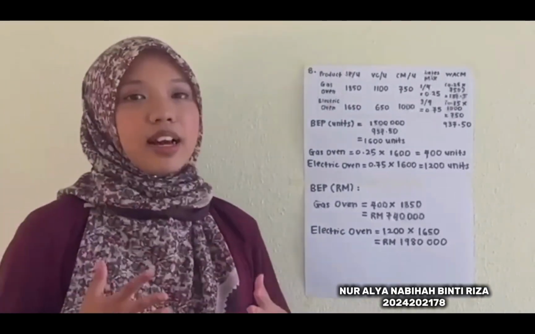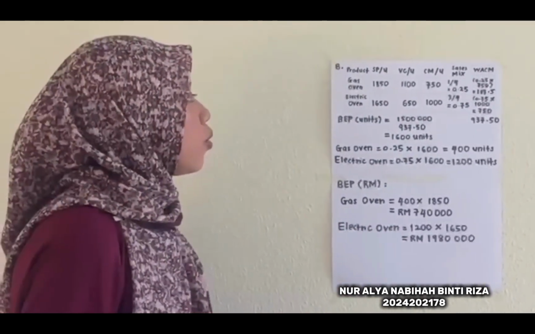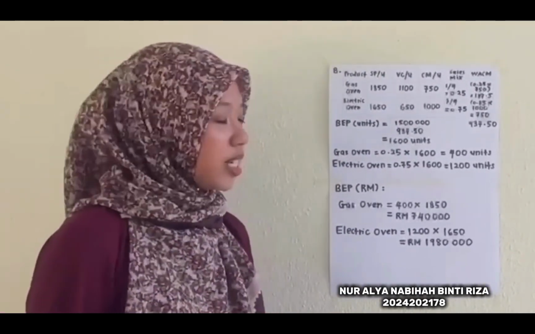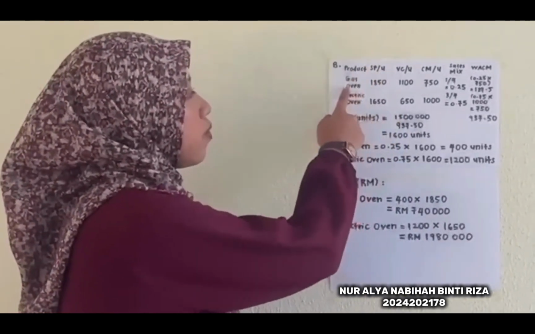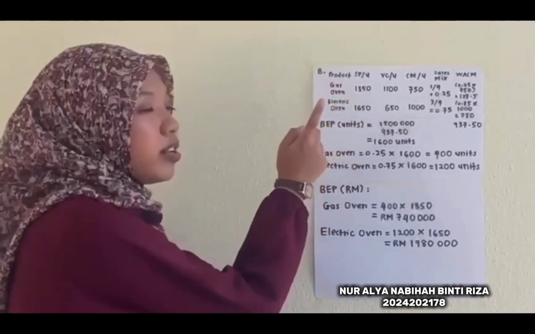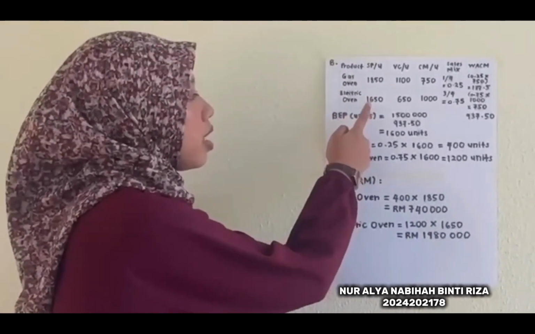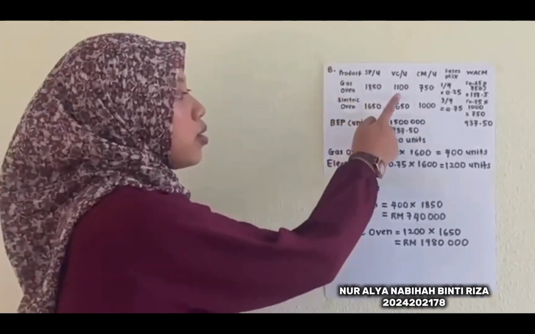So let's explain to you guys how to solve this question step by step. So we need to identify the given information. Selling price per unit for gas oven is 1,850. Selling price per unit for electric oven is 1,650. Variable cost per unit for gas oven is 1,100.